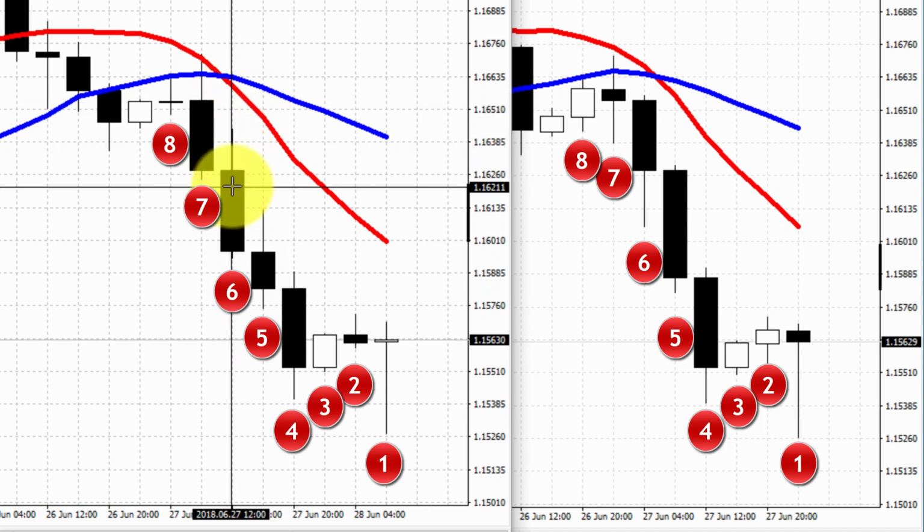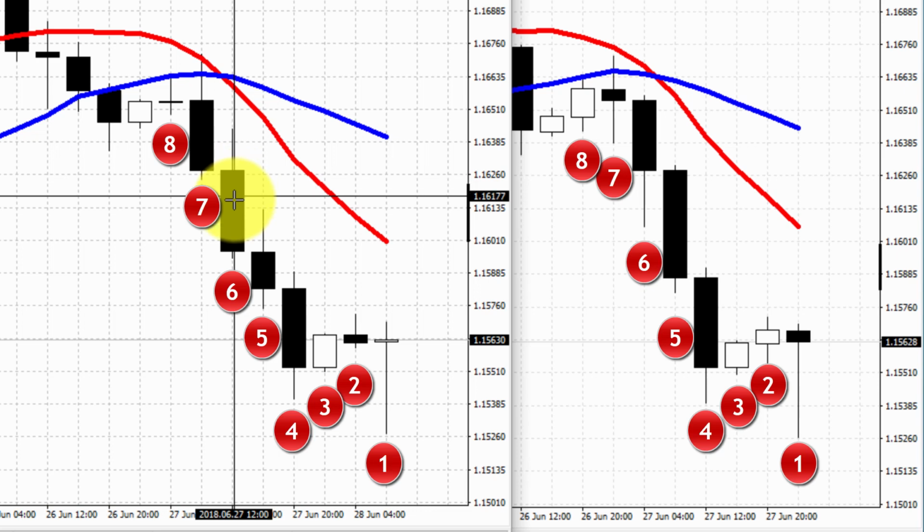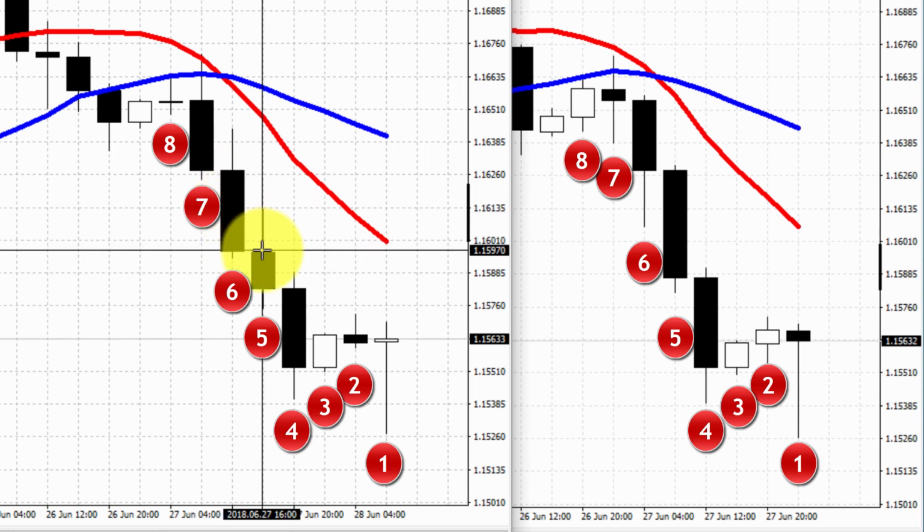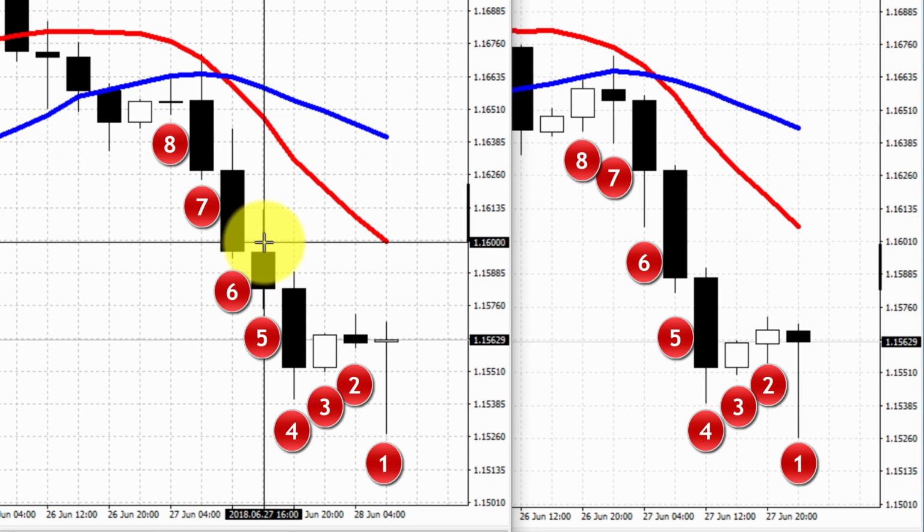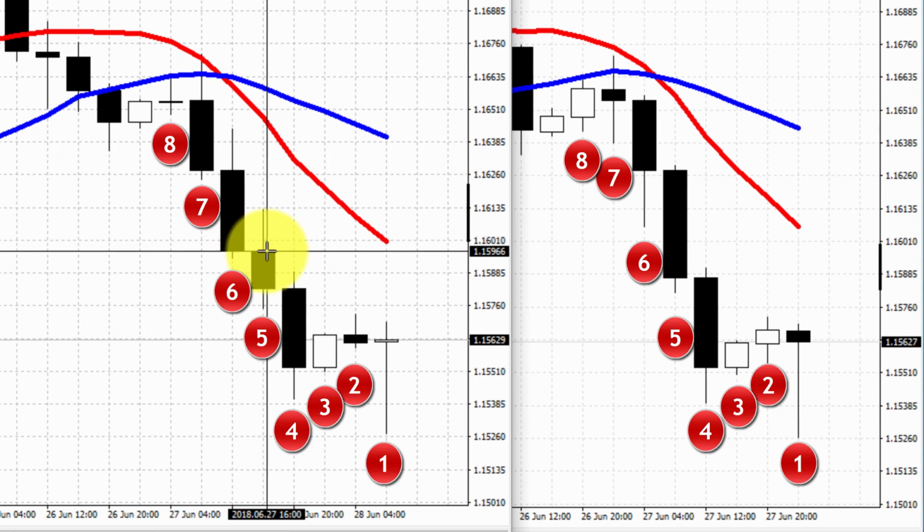So when this bar closes, people using a moving average crossover trading strategy would enter at the open of this bar, for example short. It's not a recommendation for the strategy or anything, it's just used as an example.